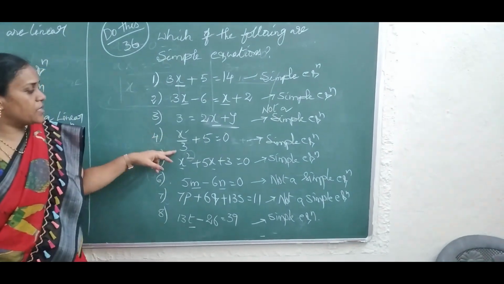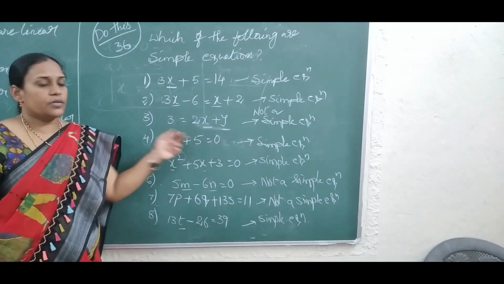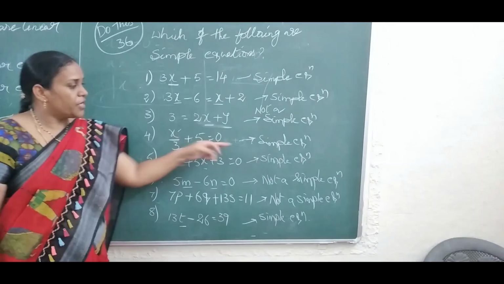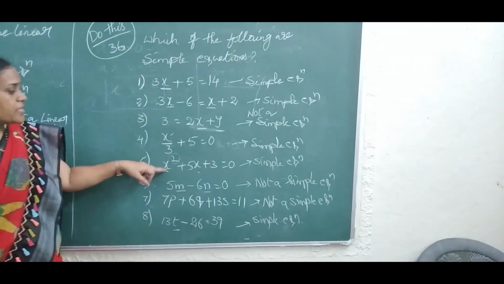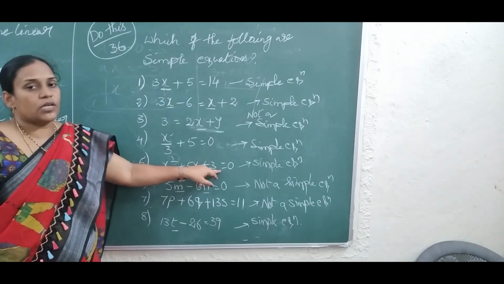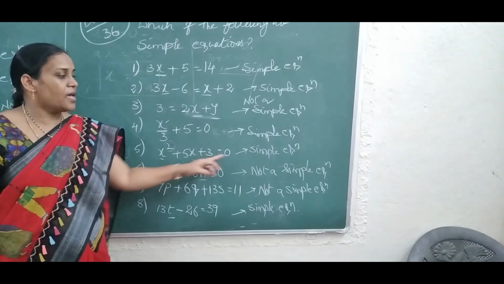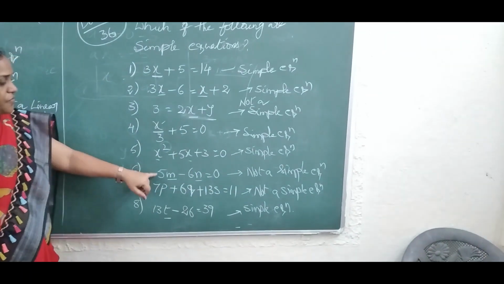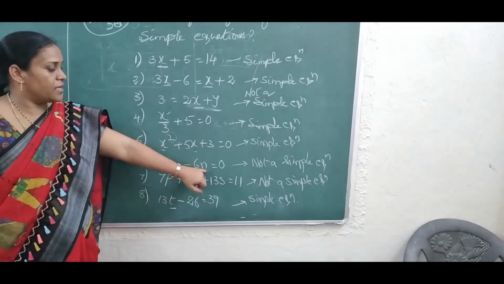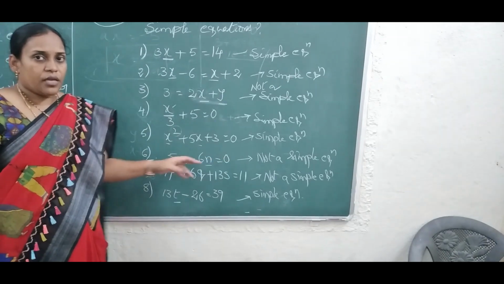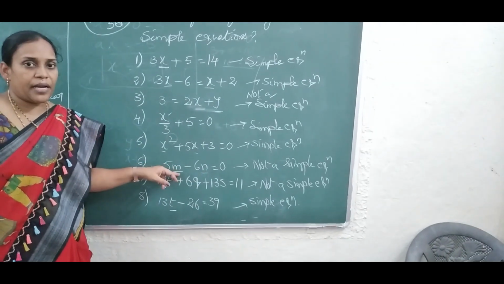Next thing, x by 3 plus 5 equal to 0. Here we have x only, so it is a simple equation. X square plus 5x plus 3 equal to 0. It has only one variable, that is x. So it is a simple equation. Next, 5m minus 6n is equal to 0. Here two variables are there, m and n.